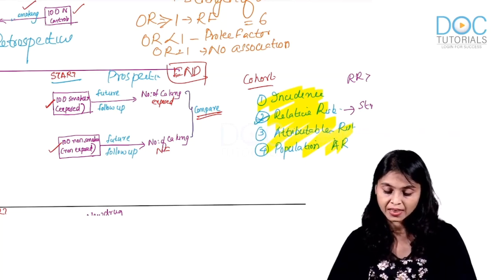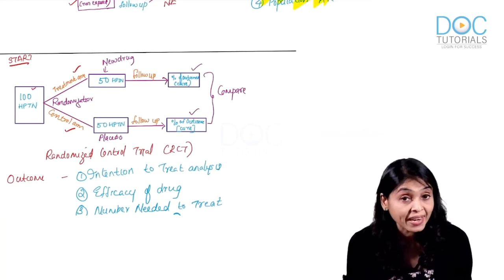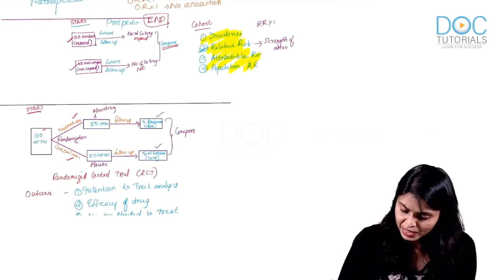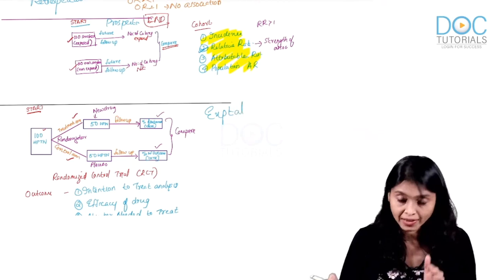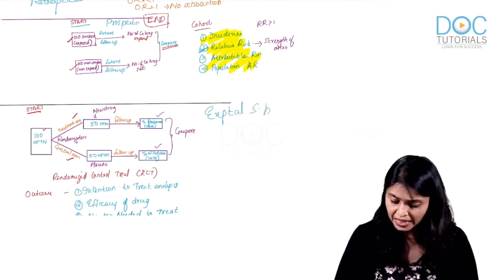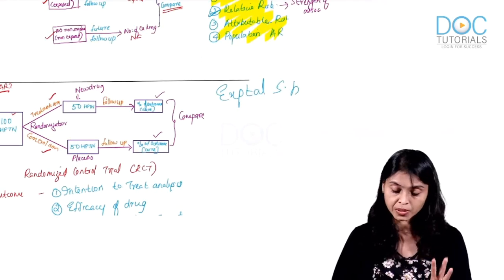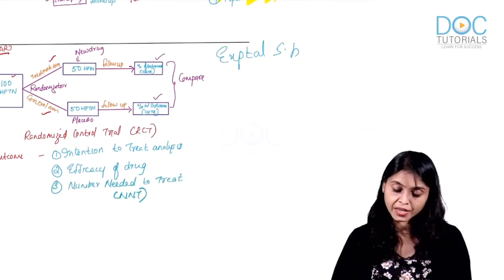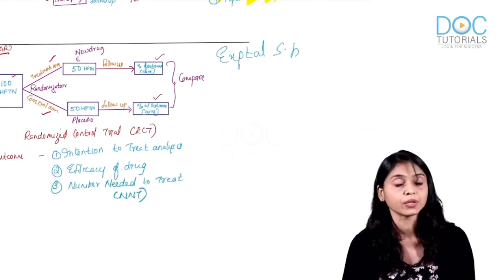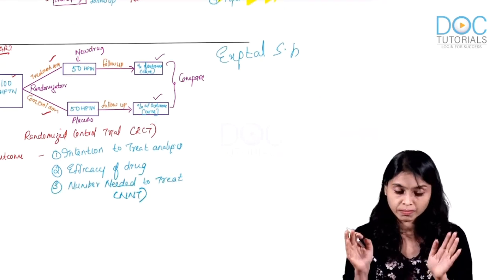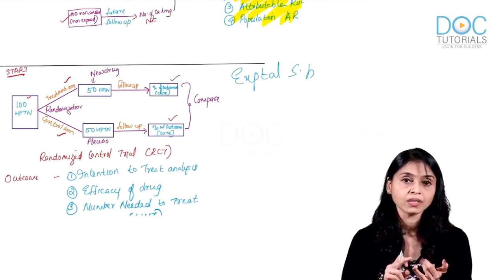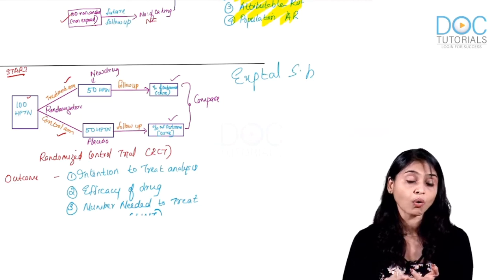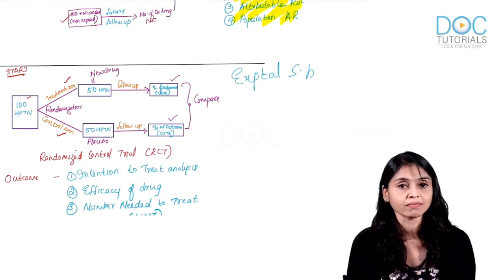And this is randomization, which is an experimental study design, or interventional study design. And the outcomes are 3 in number. So we have 1, 4 and 3. Intention to treat analysis, efficacy of drug and number needed to treat. I hope you are with me till here. So cross section over, case control over, cohort over and RCT over.